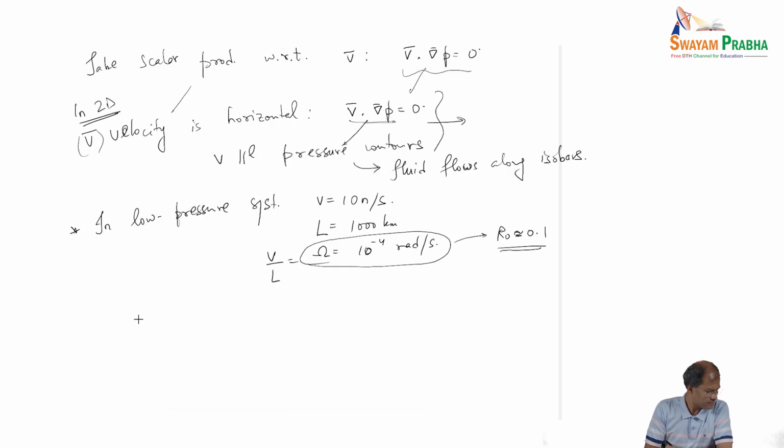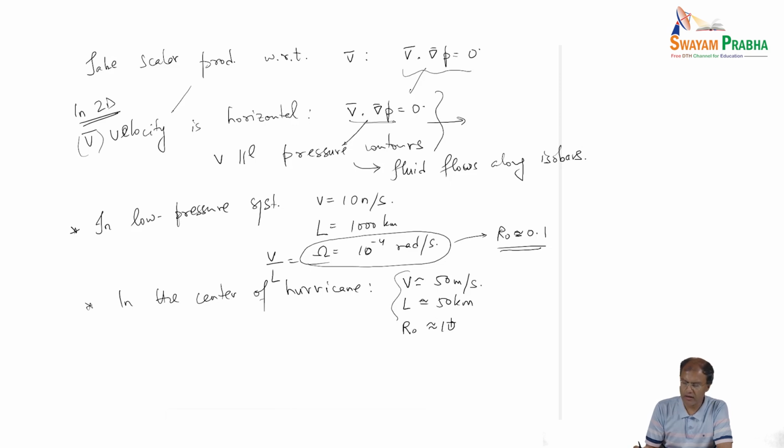Okay, so then typically if we look at an example of a hurricane where the wind flows, let us try to see what happens at the center of a hurricane. So in the center of a hurricane, we see that V is roughly 50 meters per second and L is 50 kilometers and R naught is roughly 10.